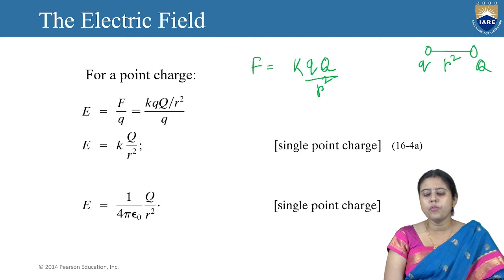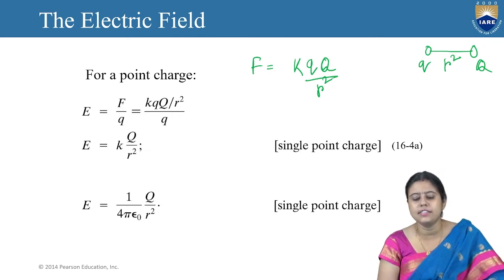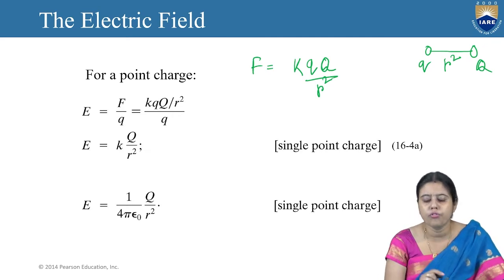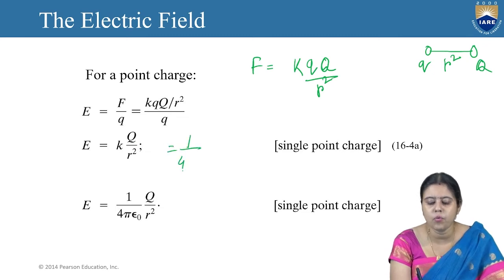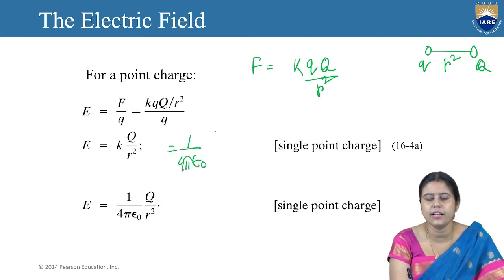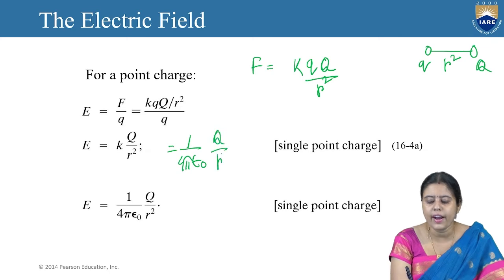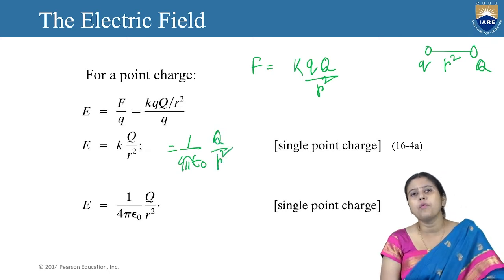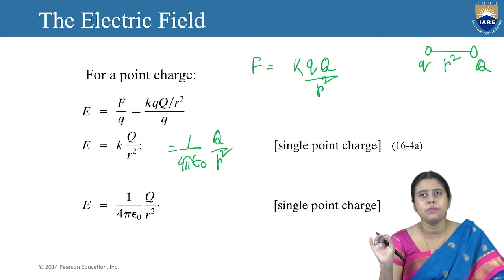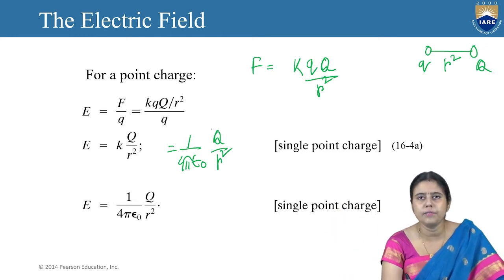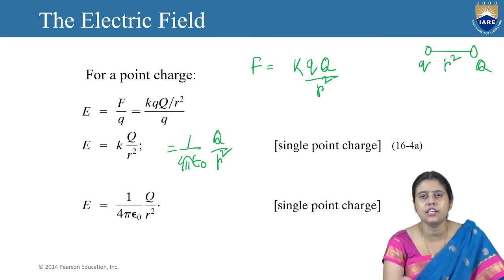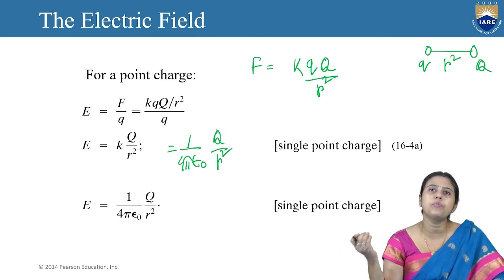So if we want to calculate the intensity due to the charge q, force per q means it will come K q by r square. And what is K? K is nothing but 1 by 4 pi epsilon 0. So if we want to bring one positive charge from infinity to one charge, say that the field is due to the charge q and we are bringing unit positive charge.